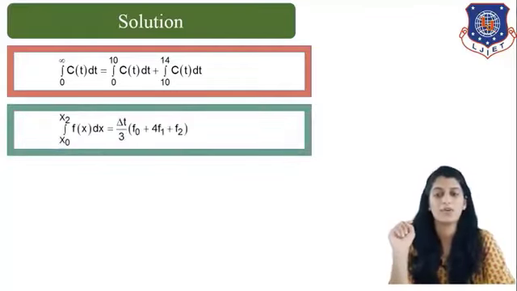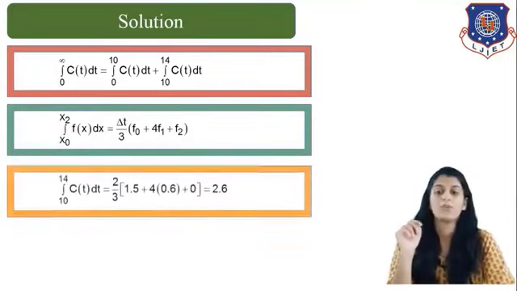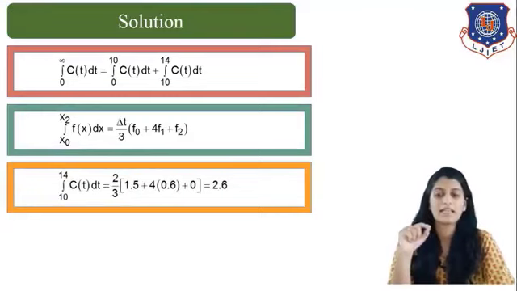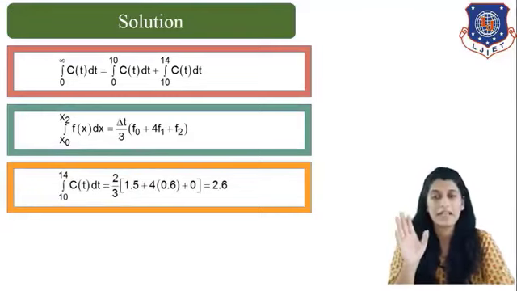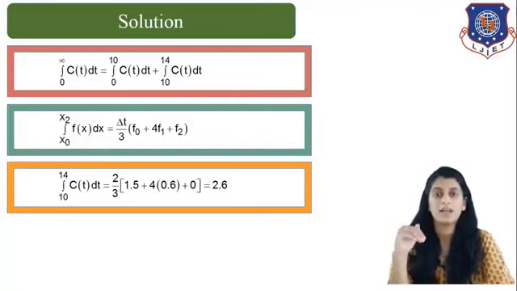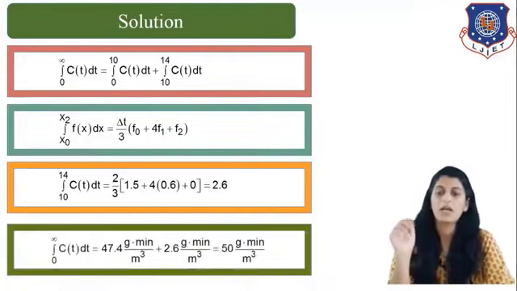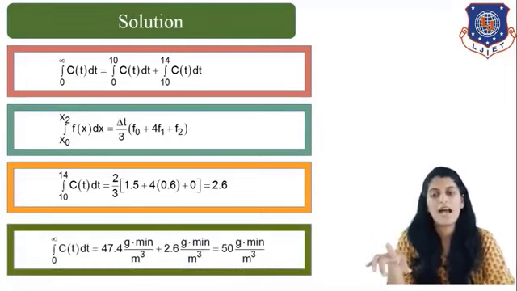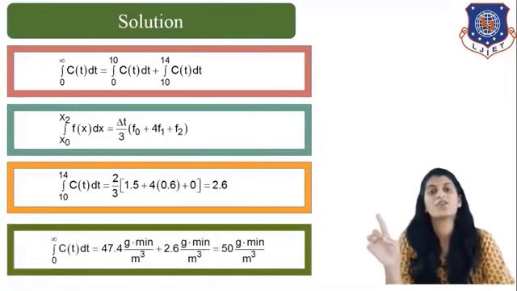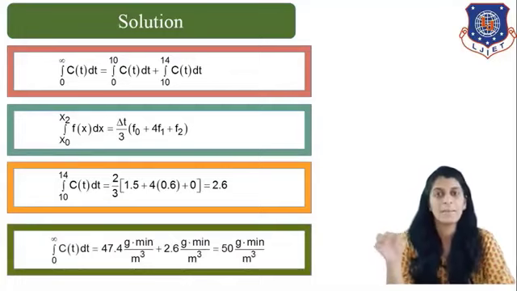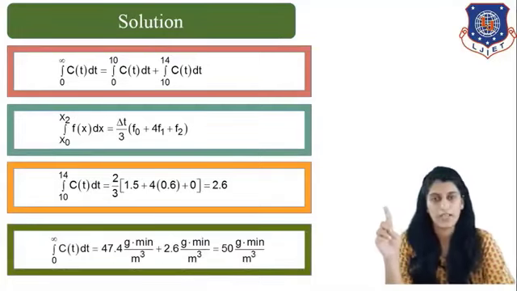Again, delta t upon 3 times f0 plus 4 f1 plus f2. So putting the values, we will be getting 2.6. 2.6 is the final answer for integration 10 to 14 Ct dt. So I will simply put the values of integration 0 to 10 Ct dt plus 10 to 14 Ct dt in the above equation.